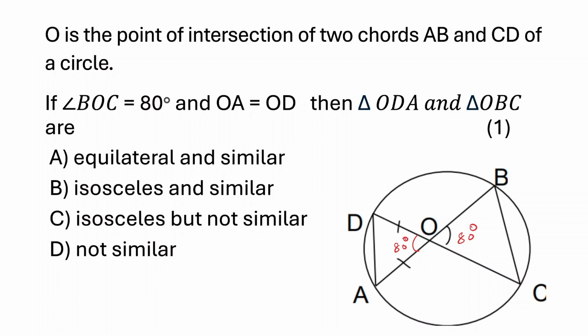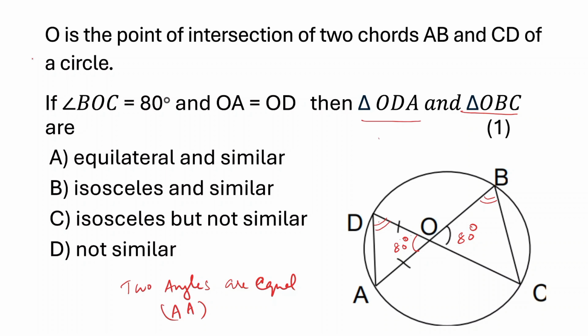And you can see this angle ADO and OBC are the angles on the same segment, so those are equal, correct? Two angles are equal for these two triangles, so you can use the AA criterion for similarity. Triangle ODA and triangle OBC are similar triangles because two angles are equal.